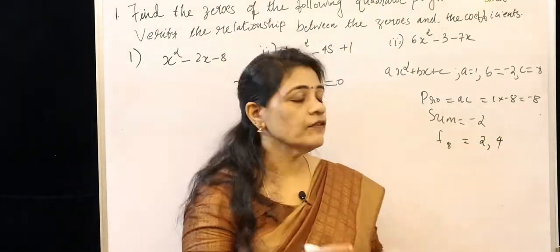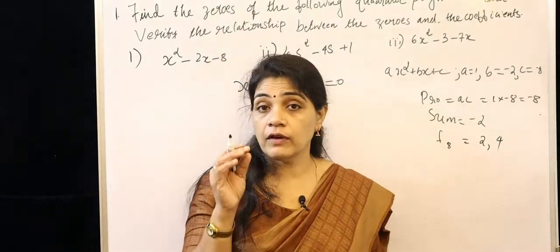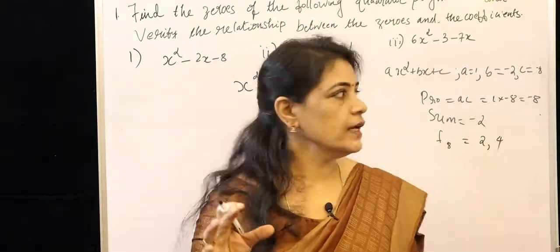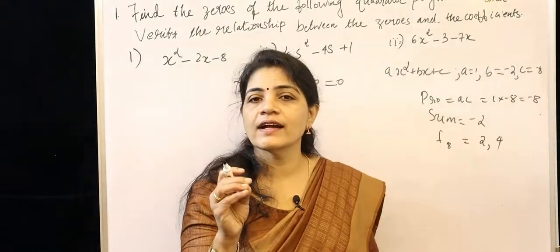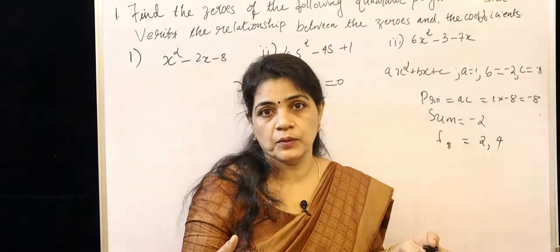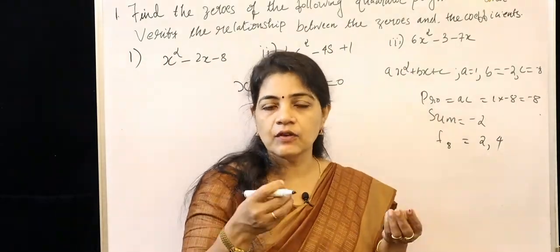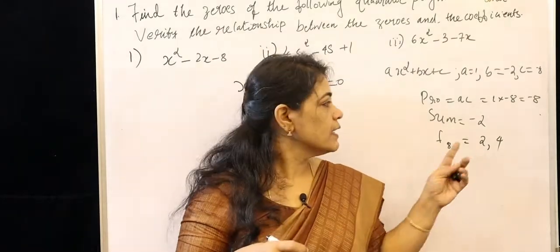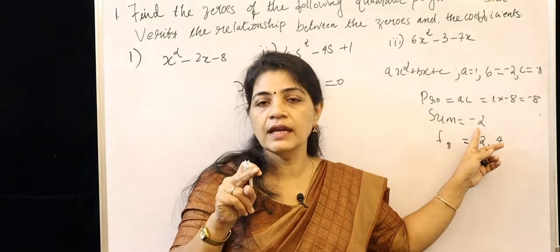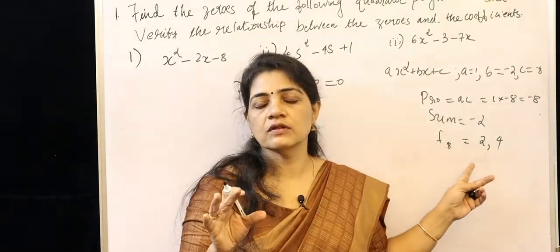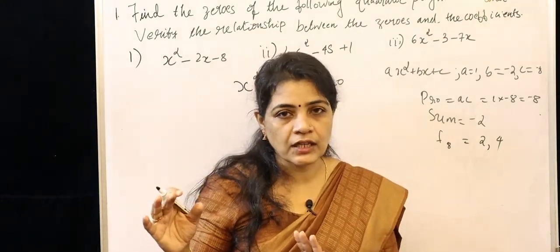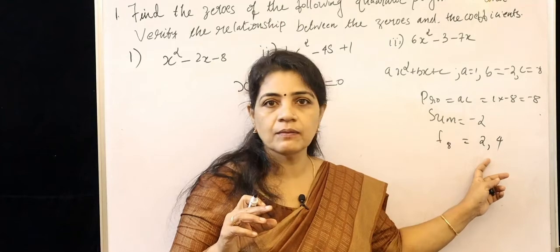Another very important point is, if the product is negative, one of the factors must be negative, then only negative into positive becomes negative. And if the sum is negative, that negative factor will be the biggest factor. So listen children, if the product is negative and the sum is also negative, among these which is the biggest? 4.